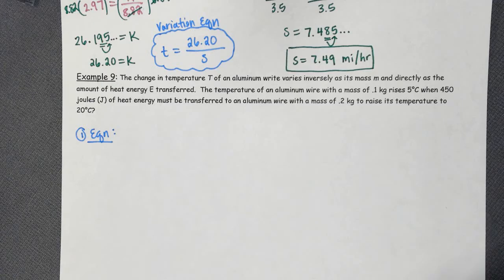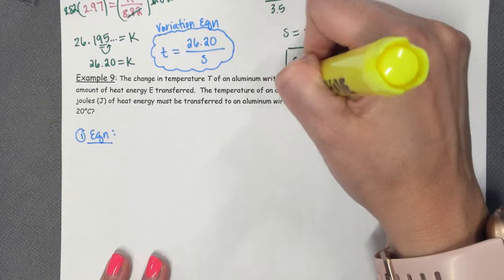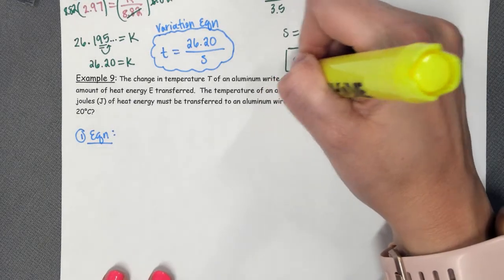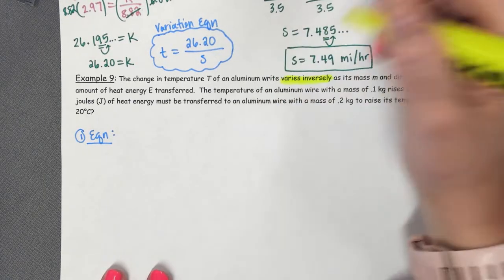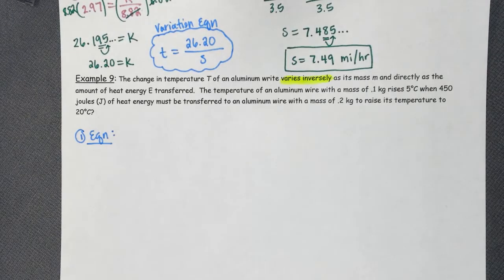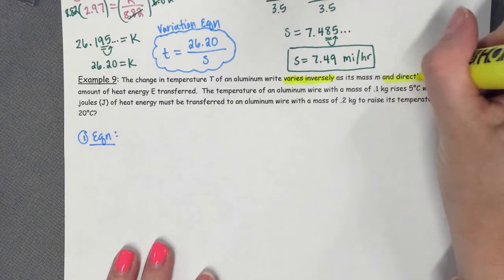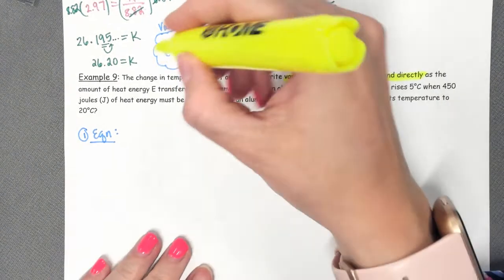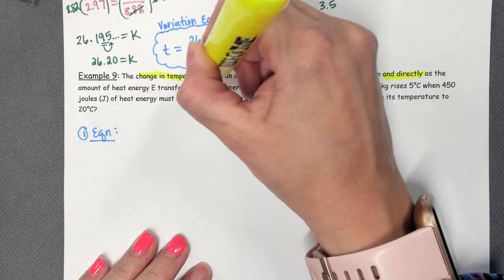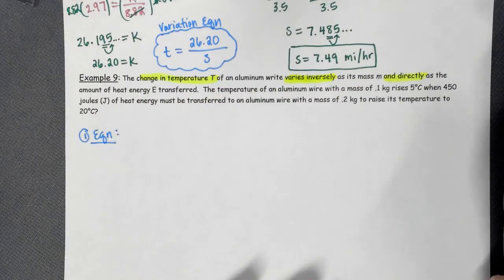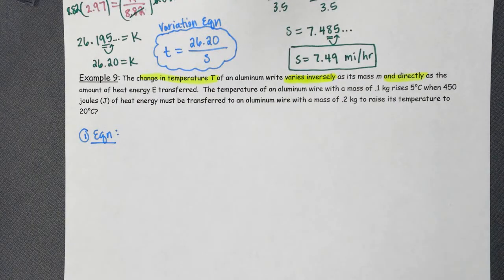Alright, let's see how we did. So, again, whenever you're doing this on your own, I try to close in on how it varies. So, this has 2 ways it varies. It varies inversely and directly. So, this is the change in temperature, T, of an aluminum wire.